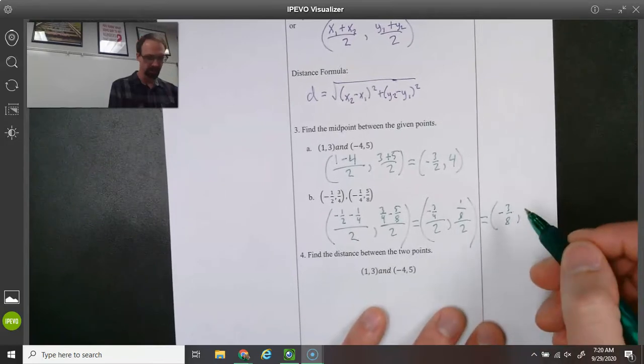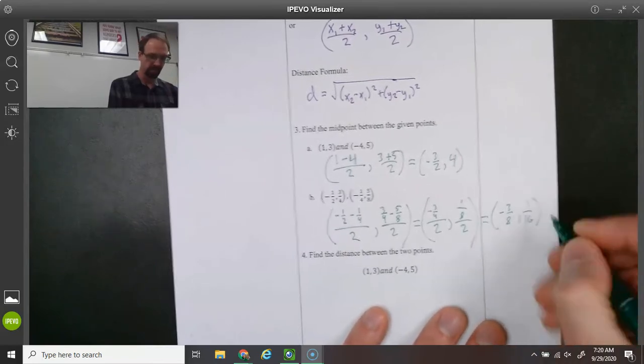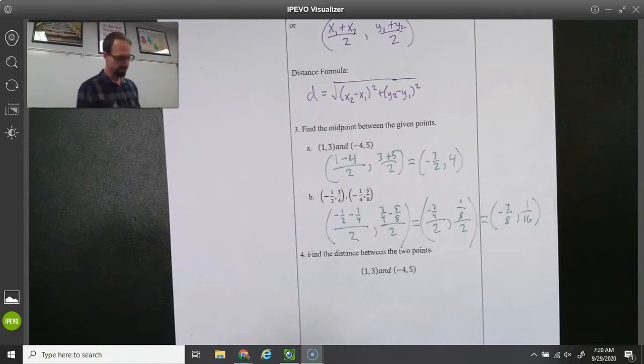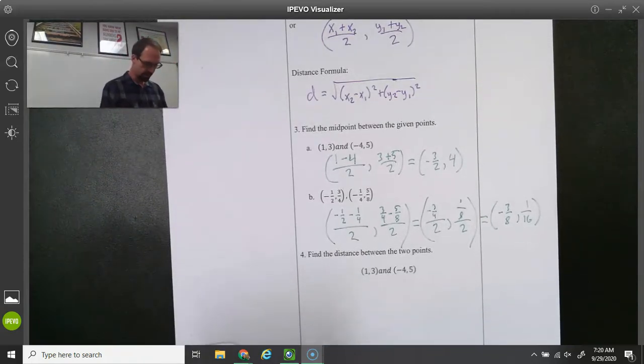And then 1/8 divided by 2 is 1/16. I'm going to double check these because I'm not feeling 100% confident. I should always have my calculator with me before I start recording these, except I always forget and leave it in my bag. So negative 3/4 divided by 2, yep, alright. And then 1/8 divided by 2. Okay, good, perfect. I always want to feel confident.